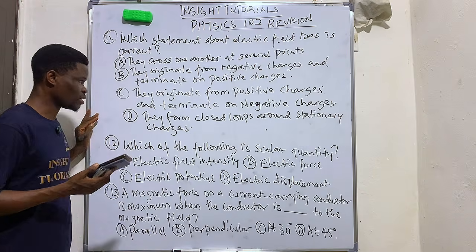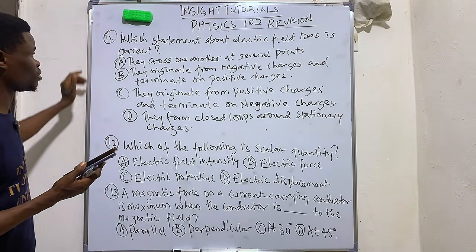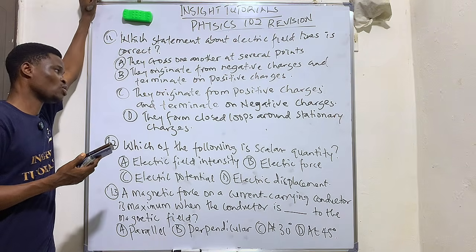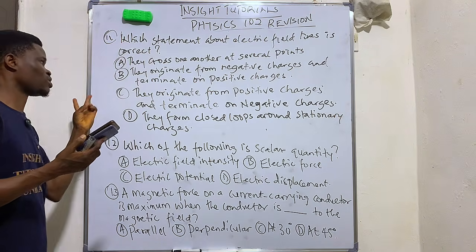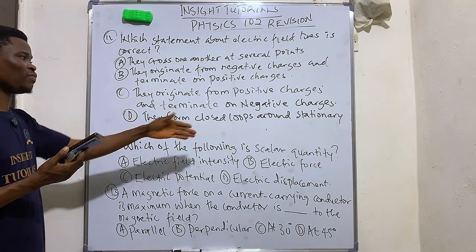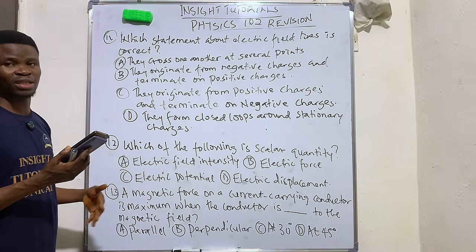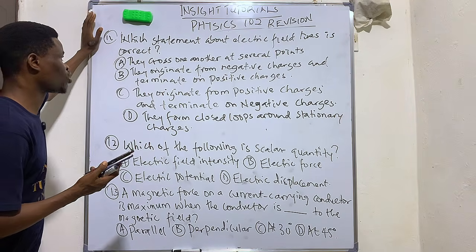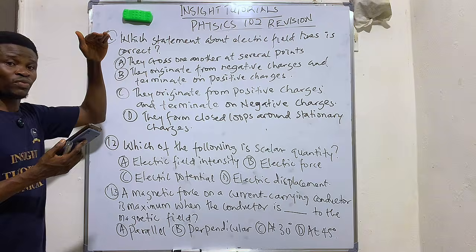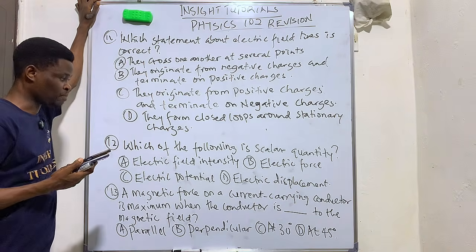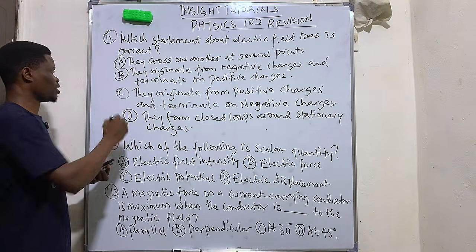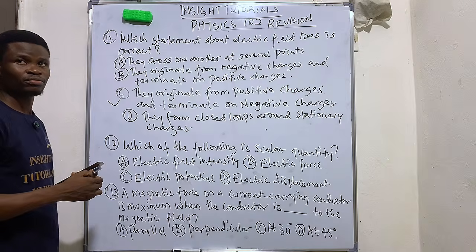So this is the correct option. Other options do not agree with what electric field lines represent. B is the opposite, and they do not form closed loops around stationary charges in electrostatics. They do not cross one another because they move in a particular direction and terminate on the other. All right, so the correct answer is option C.